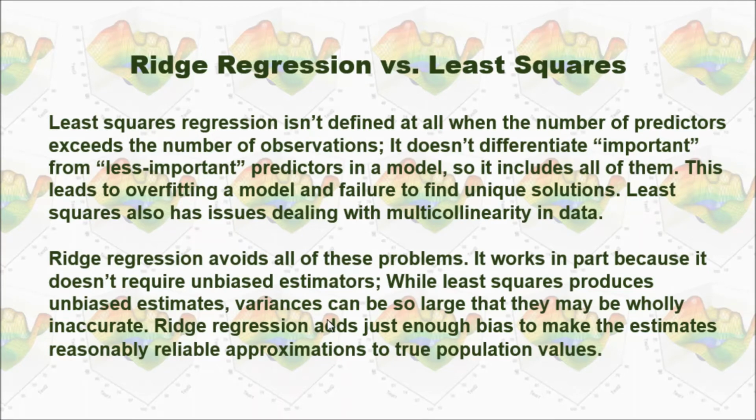So variances can be very large. Ridge regression considers bias and also considers variances. So ridge regression has just enough bias to make the estimates reasonable, reliable approximations to true population values.